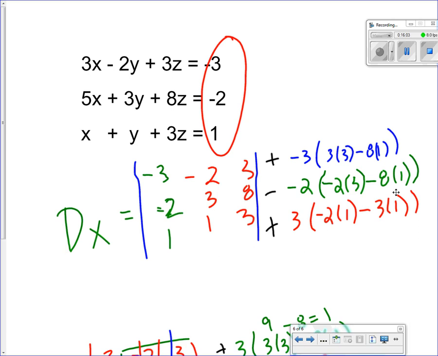Okay, so in blue here we have 9 minus 8, which is 1. So we have -3. In green we have -6 minus 8. That is -14 times -2 is +14.